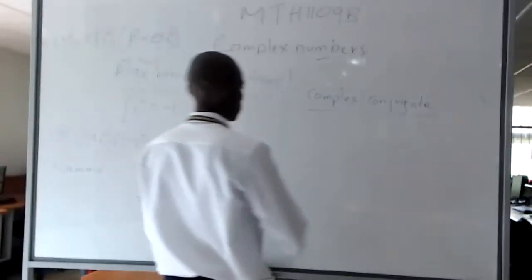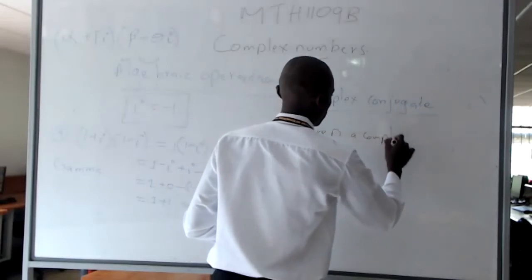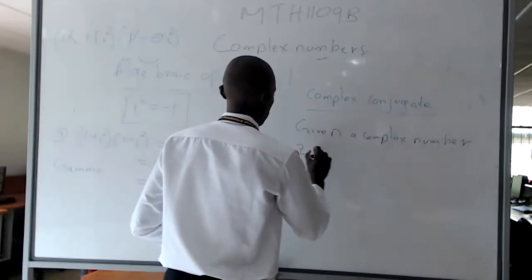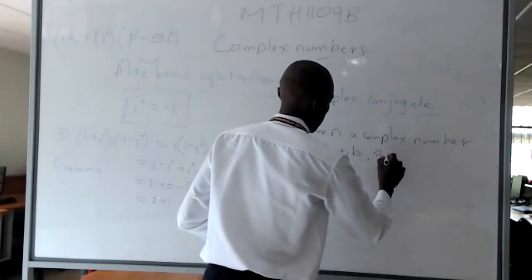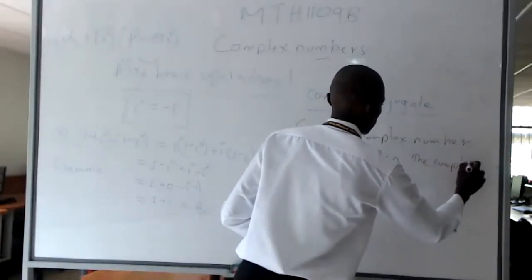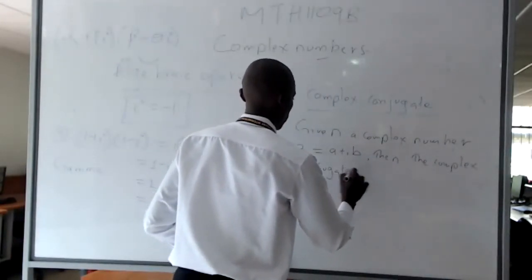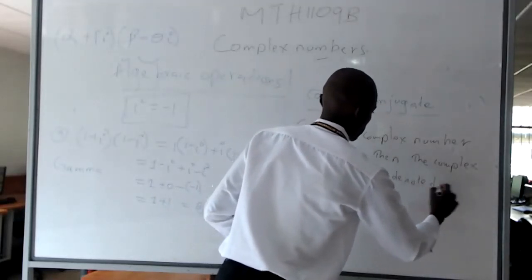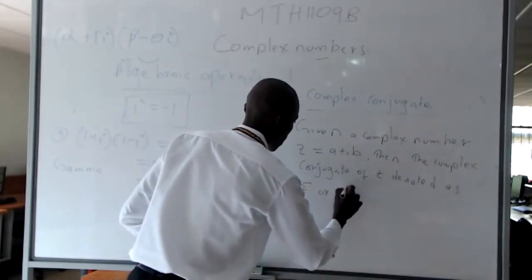So definition, given a complex number z as a plus ib or bi, then the complex conjugate of z, denoted as z bar or z star.